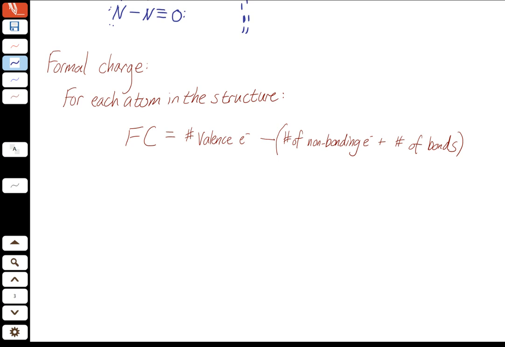So the number of valence electrons on carbon is 4, right? Okay. And then we're going to subtract the number of non-bonding electrons, which in this structure is 0. You don't see any dots around that carbon, right? And the number of bonds connected to that carbon, so 1, 2, 3, 4.